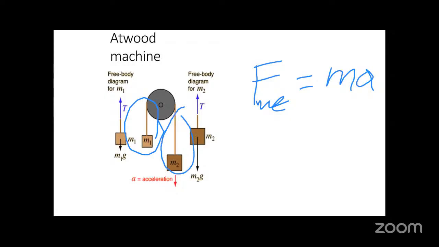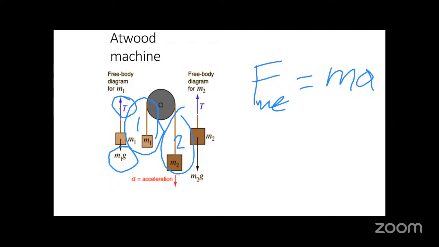So let's take the first one. This is 1 and this is 2. For 1, since the mass is going up, it means that the tension force is greater than the weight force. These are the two forces acting on this mass.